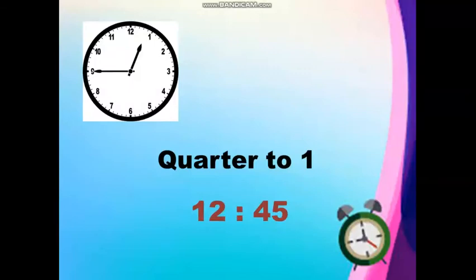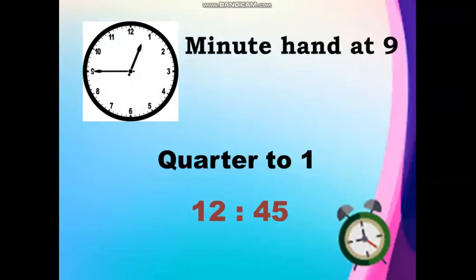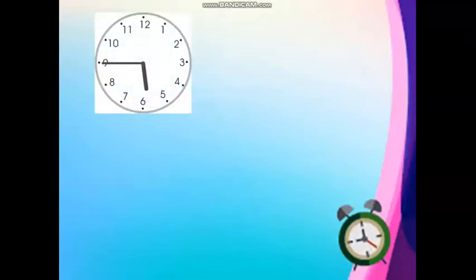Right? So whenever our minute hand is at 9, the time would be read as quarter to. We can understand it by one example. See, here minute hand is at 9 and the hour hand is about to reach 6. So time can be read as quarter to 6.